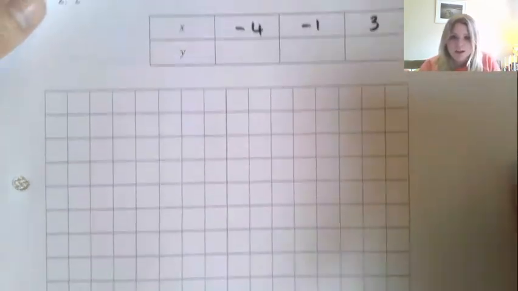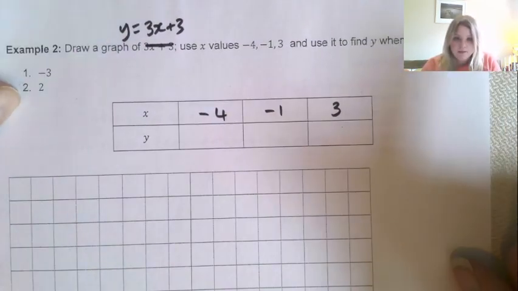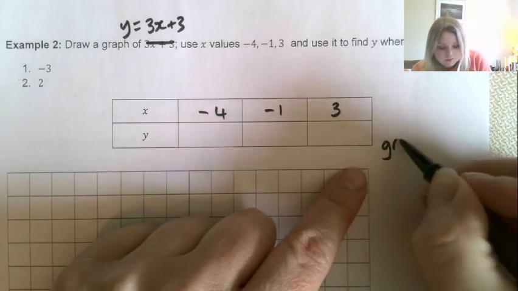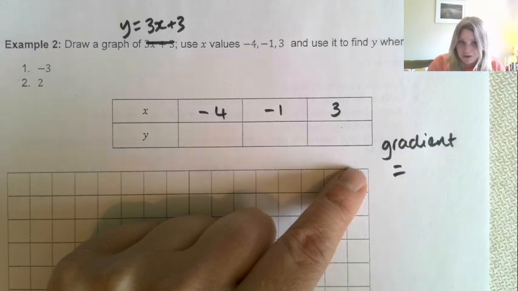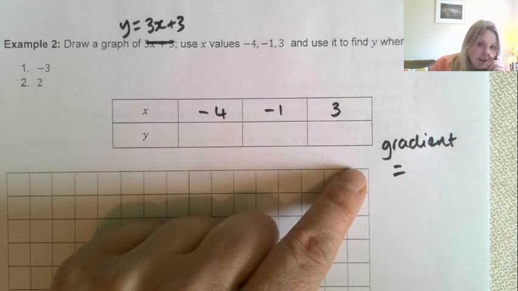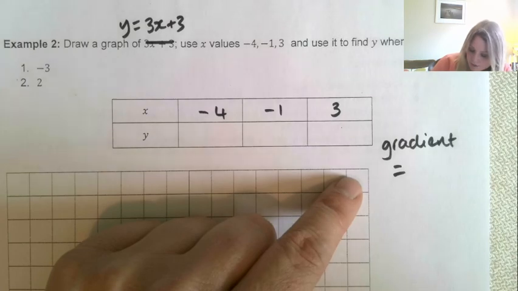Now, what I also want you to do is to figure out the gradient of the graph. Okay. You might know already what it's going to be from the equation, but if you calculate it and check that you do have the right answer, perfect.